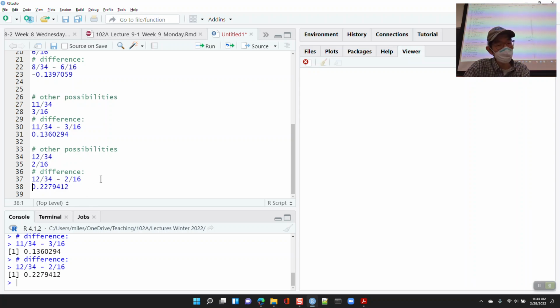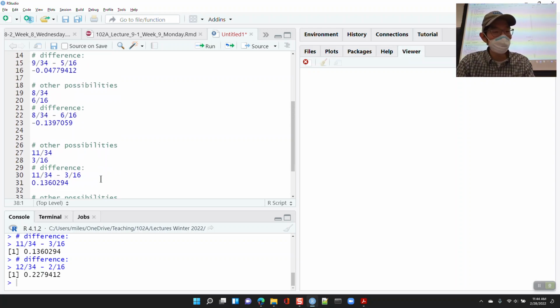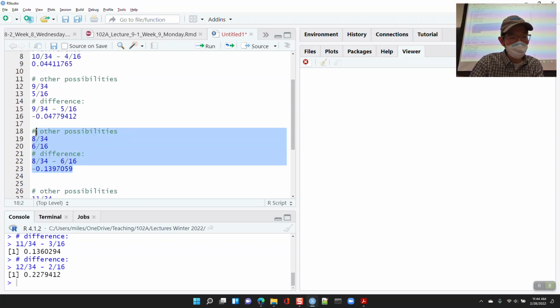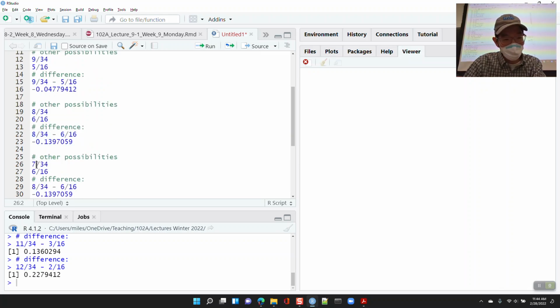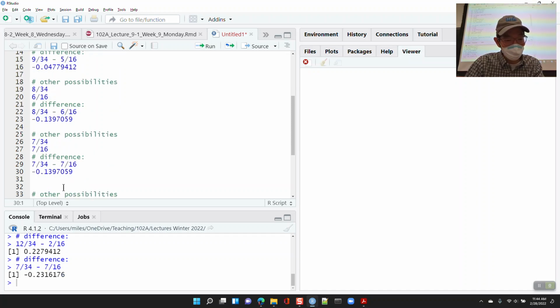Another possibility would be 7 and 7. 7 out of 34 and 7 out of 16 for a total of 14 people. That would give us a difference of negative 0.23.